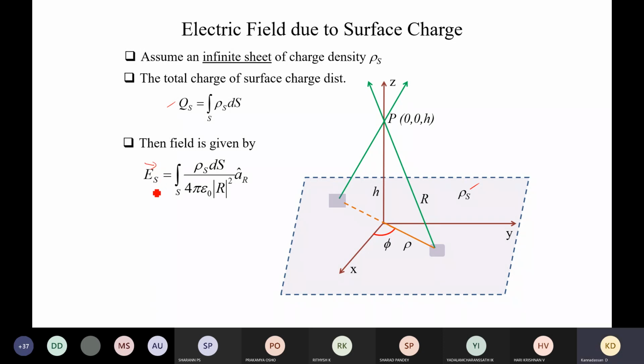So here we are going to calculate the electric field with respect to the surface. The surface is given over here with the surface charge density, and this r is nothing but the distance of the particular point P from the defined surface charge, and this aR vector is the respective line joining vector.